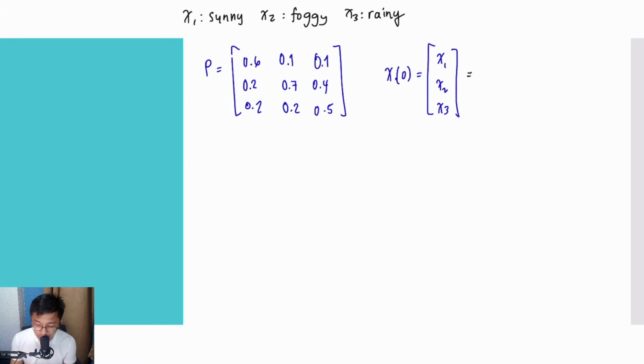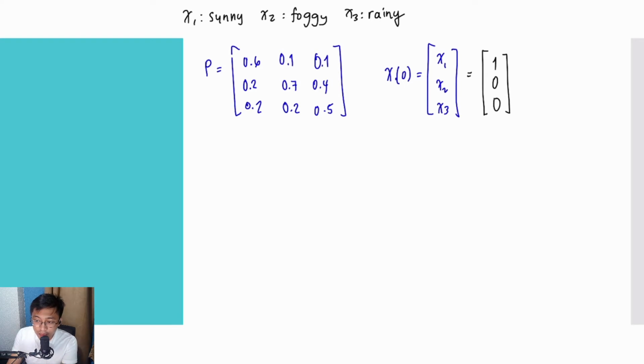Okay, so if it is 100% sunny today, the initial state vector would be 1, 0, 0. Alright, so that will be our initial state vector.